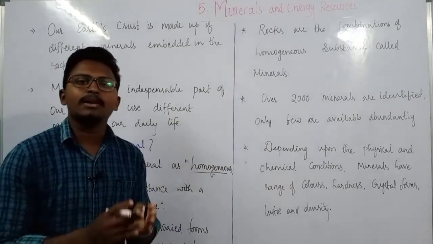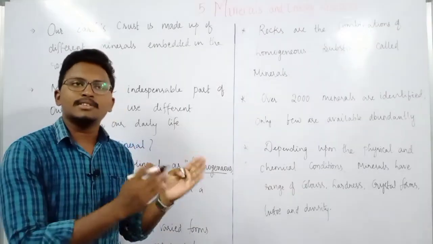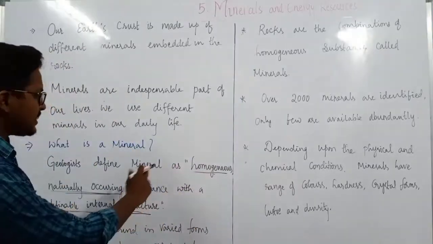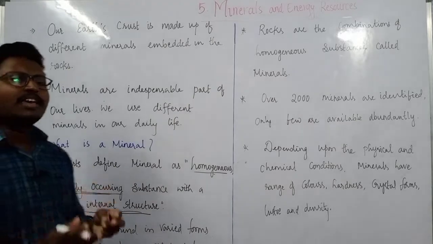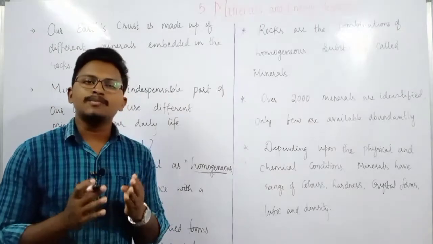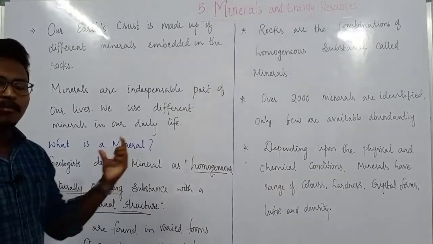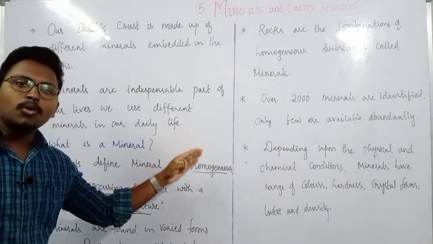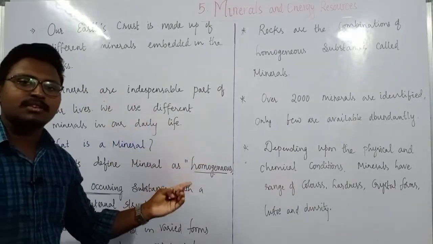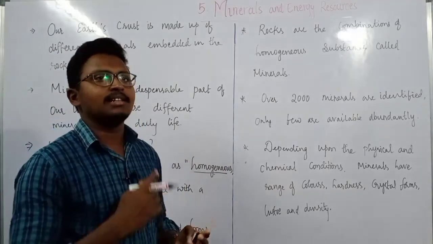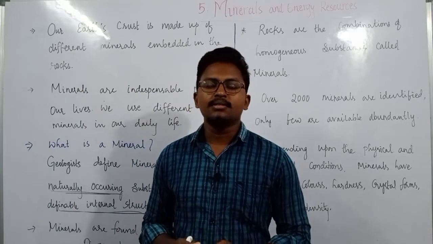It must have some internal structure, maybe some physical properties, maybe some chemical properties. So if anything has these properties, we can consider it a mineral. The official definition given by the geologists is a homogeneous, naturally occurring substance with a definable internal structure. We call it a mineral.